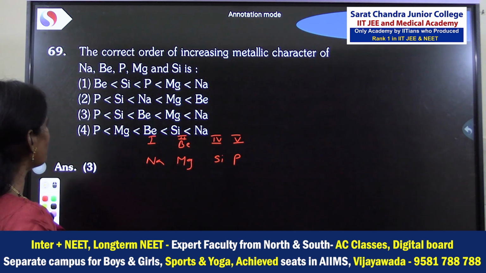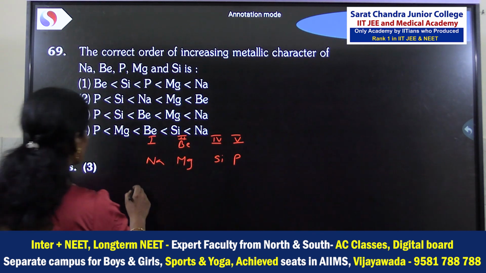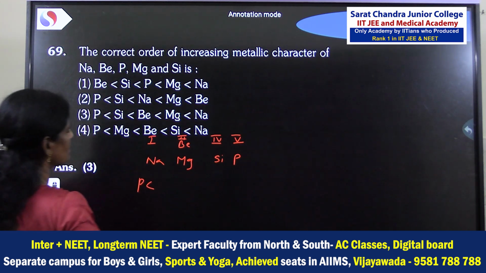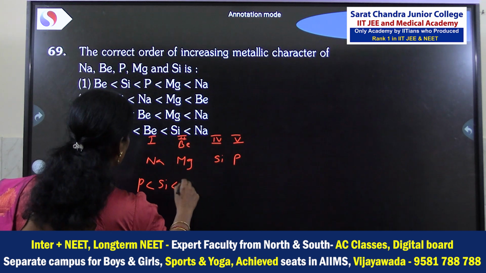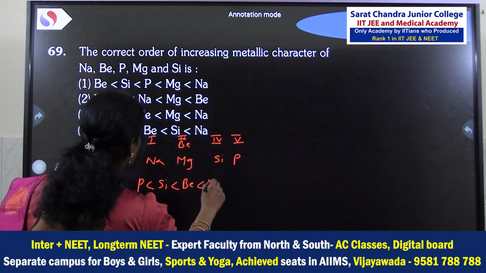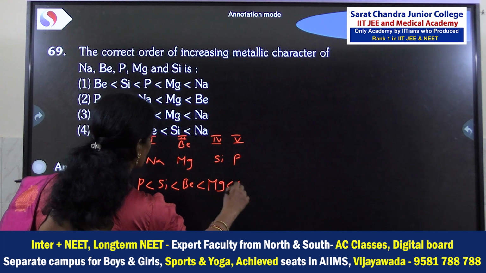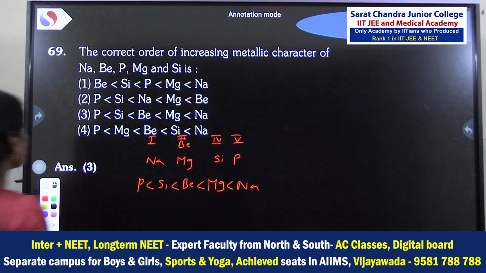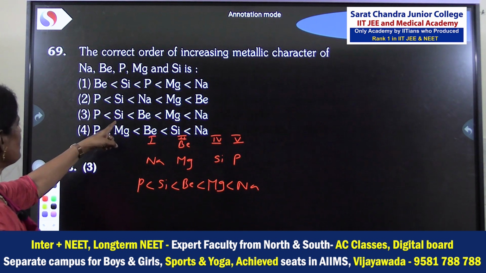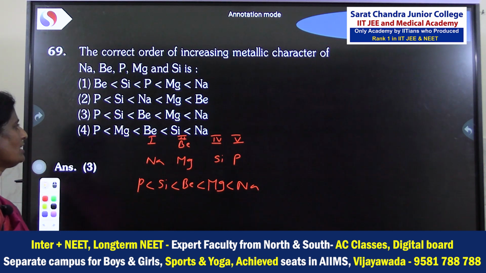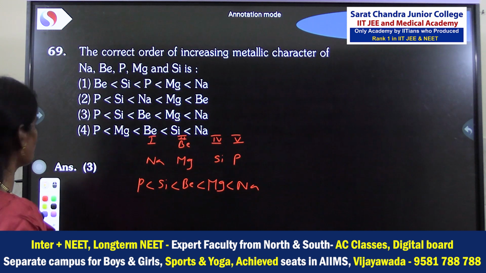So the least metallic element is phosphorus. Phosphorus is less than silicon, less than beryllium, less than magnesium, less than sodium. So the correct order is the third option.